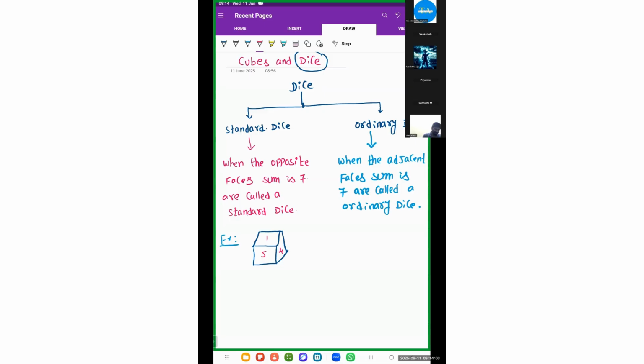Now tell me, one's opposite face is 6. Then 5's opposite face is 2. Then 4's opposite is 3. Clear?